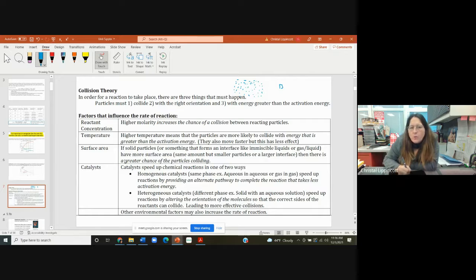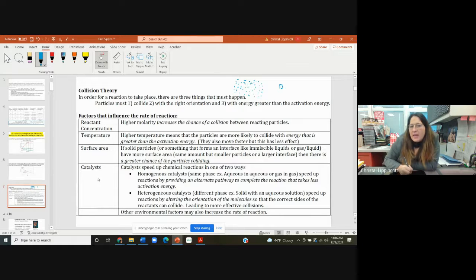Okay, so breaking something up is going to give it a better chance of colliding with this material. Does that make sense?